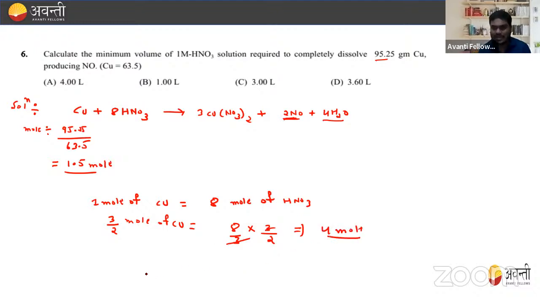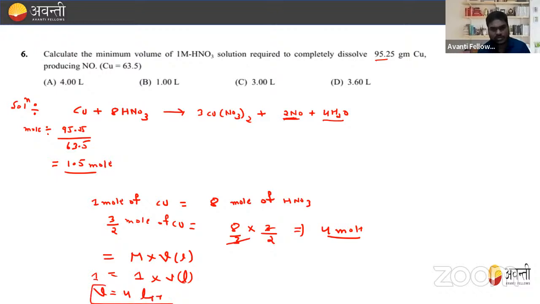Now, we know that concentration, 1 molar, is equal to molarity into volume in liters, right? So what is the molarity given? The molarity is nothing but 1. And what is volume? That we have to find. So this V comes out to be 4 liter, right?